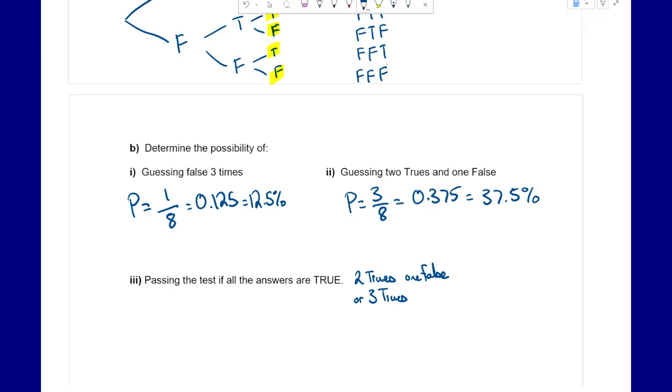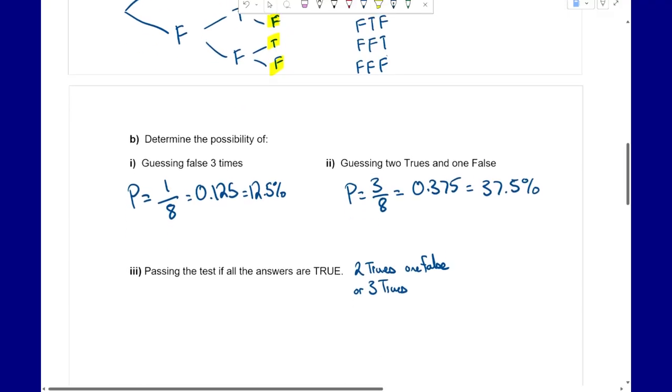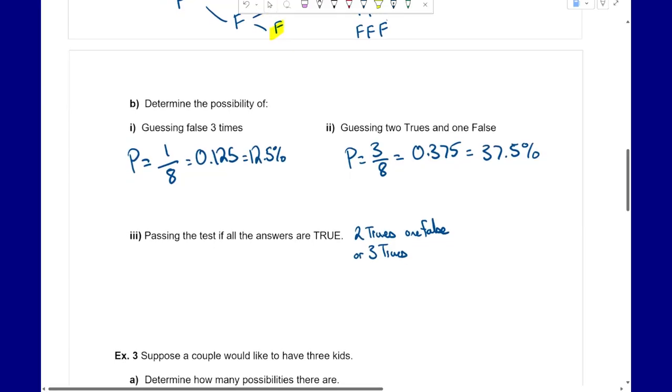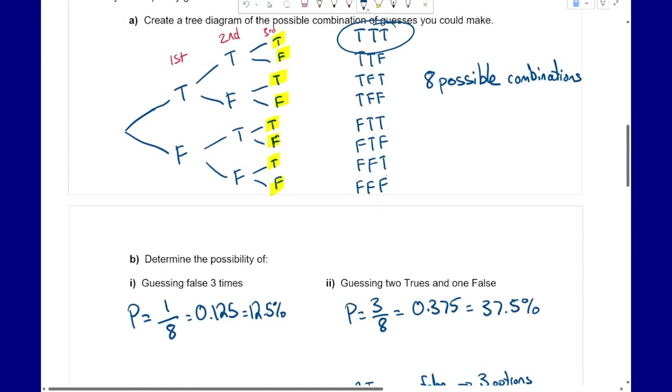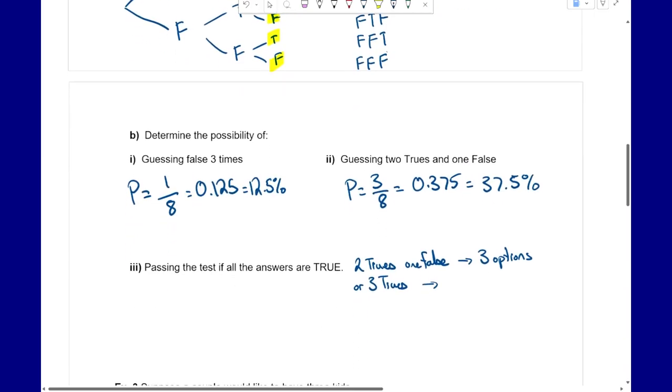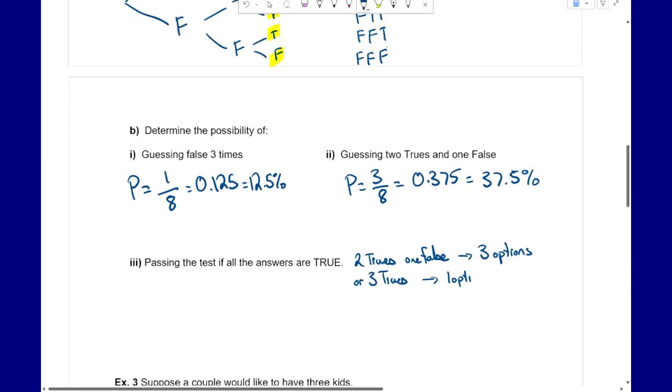We can't get 1 right and 2 wrong because that would be 1 out of 3, which would be considered a failing mark. From the last question we just did, 2 trues and 1 false had 3 options. And 3 trues, there's only the 1 case. So there's only 1 option.